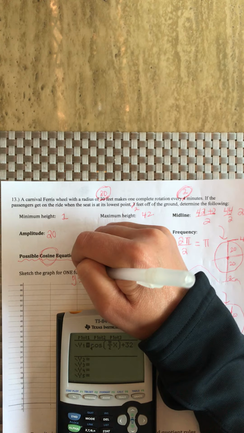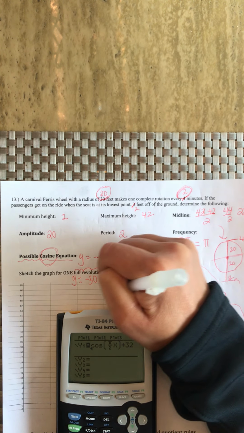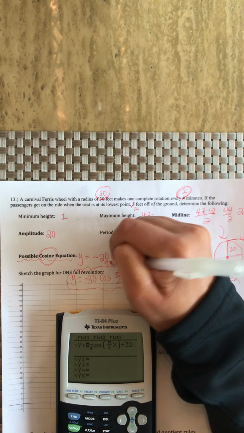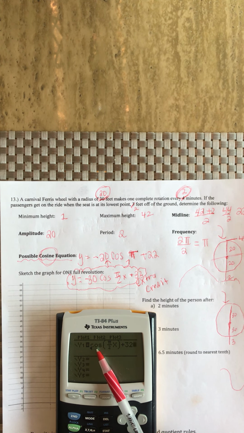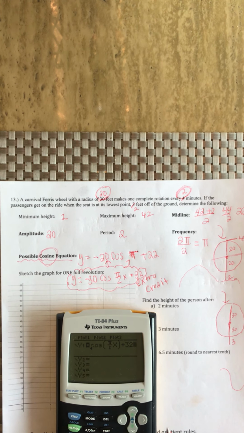This actually should be what you have as your equation, okay? So hopefully that's what you got after doing all the work. You hit negative cosine. You can hit alpha y equals to put your fraction in. Second, right here is pi over 2x plus the 32.